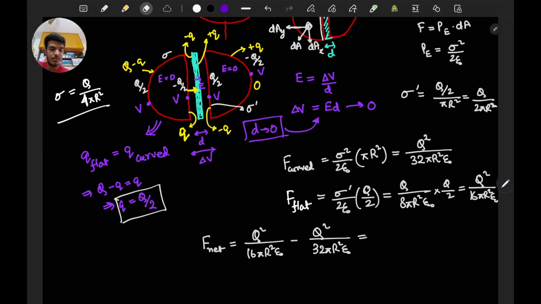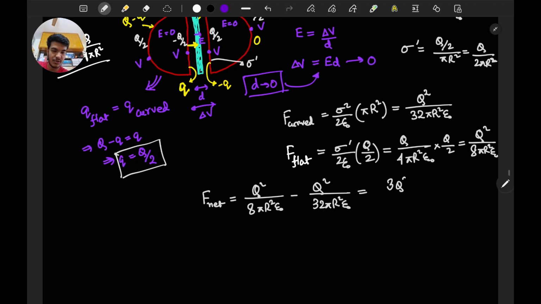So here it would be changed. It would be 4 pi r square epsilon naught, so it would not be 16, it would be 8. Yes. So now I can do this similarly. It is 8 pi r square epsilon naught. So my answer would come out to be 3 q square by 32 pi r square epsilon naught. And if I take k equal to 1 by 4 pi epsilon naught, this is basically equal to 3kq square by 8 r square.